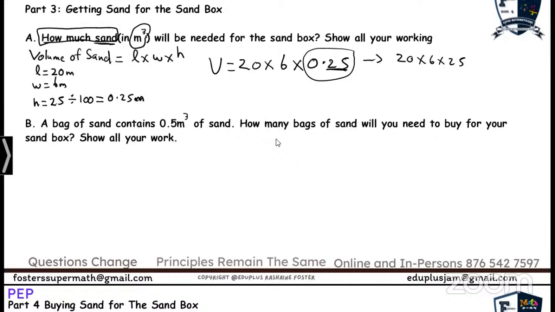Whether it's meters, liters, it doesn't matter, cubic units. So for all the persons in the chat who are telling me 30, that is wrong. If you did not say 30 meters cubed or 30 cubic meters, then your answer is wrong.